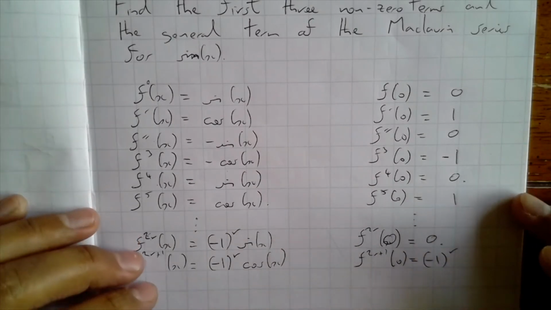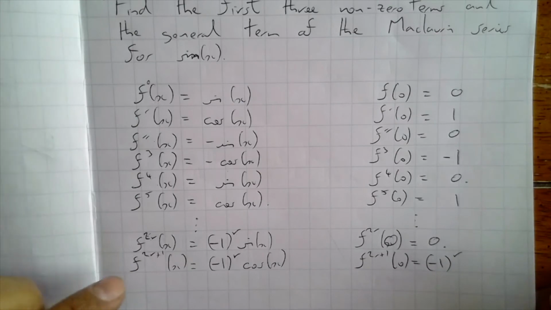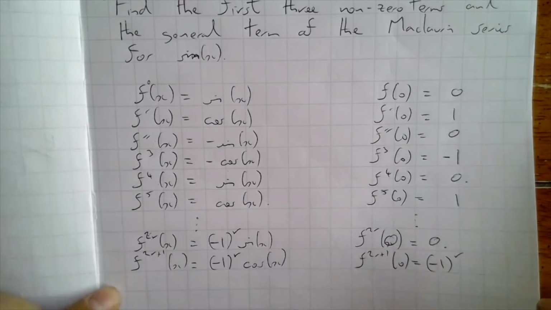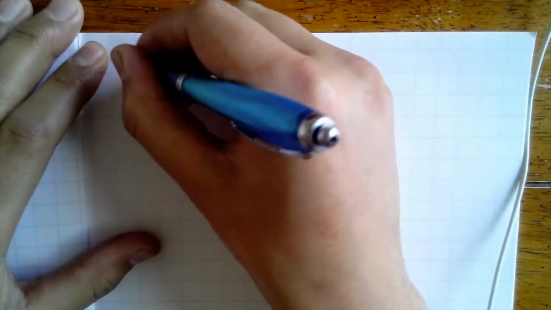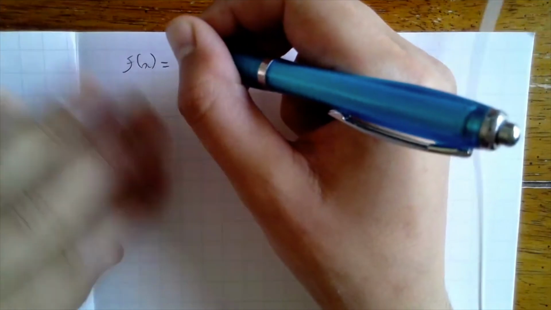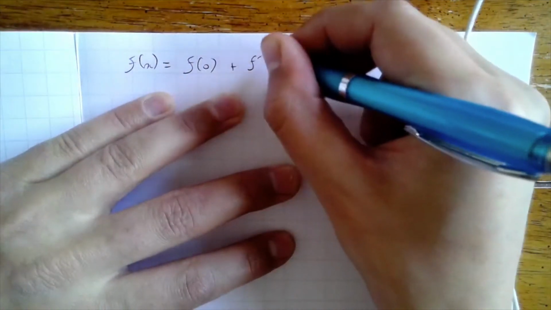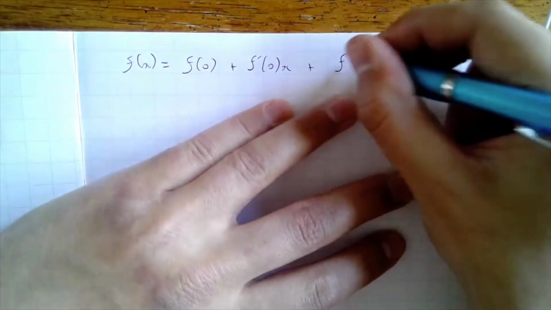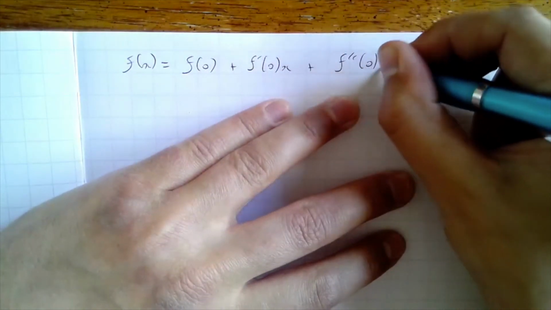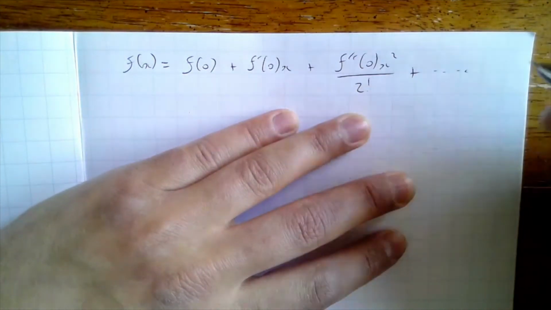Okay, so what I can do now is write out my general Maclaurin series and then fit these things into where it goes. So the general Maclaurin series is f of x is equal to f of 0 plus f dash 0 of x plus f double dash of 0 x squared over 2 factorial plus dot dot dot, and it just carries on going.